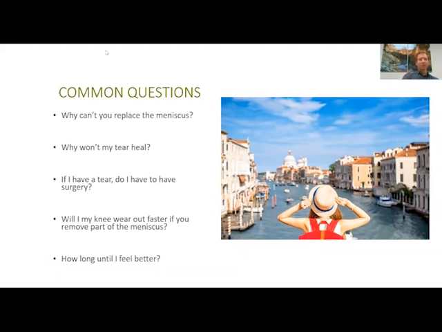Some common questions I wanted to go over is, why can't you replace the meniscus? It's been tried a lot. People have done everything from cadaver grafts to artificial grafts, and it's really, really challenging to recreate that support and durability that our own meniscus pads have.